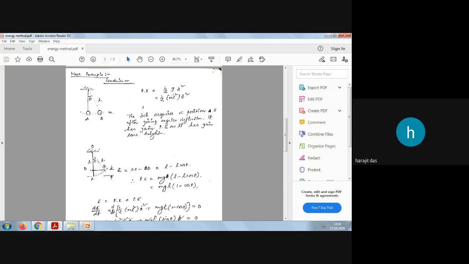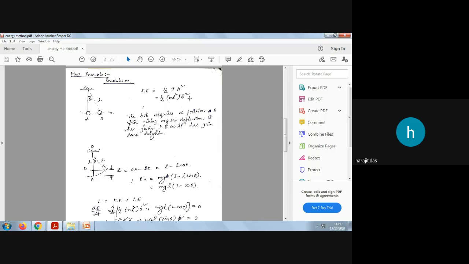I have told you earlier that the mass moment of inertia of this bob with respect to point O, which is not marked, so better you mark this point as O, is ml square. So kinetic energy will be half ml square theta dot square.